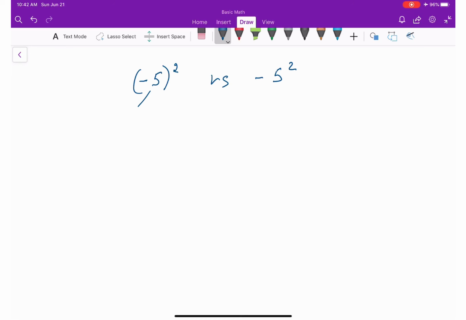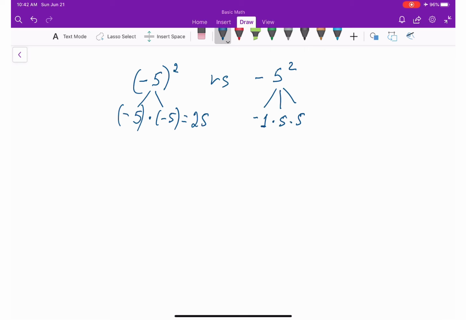So here we deal with negative 5 times negative 5, and the result is going to be positive 25. In this case, we have negative 1 times 5 times 5.